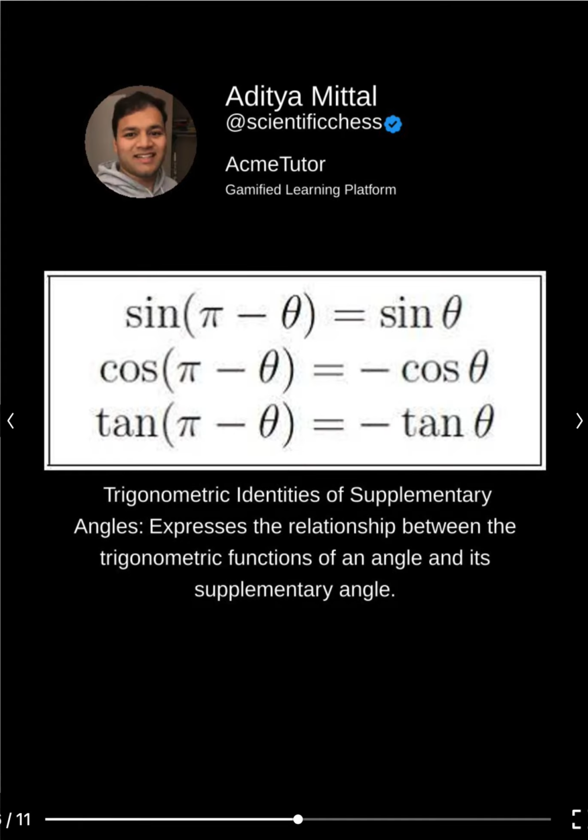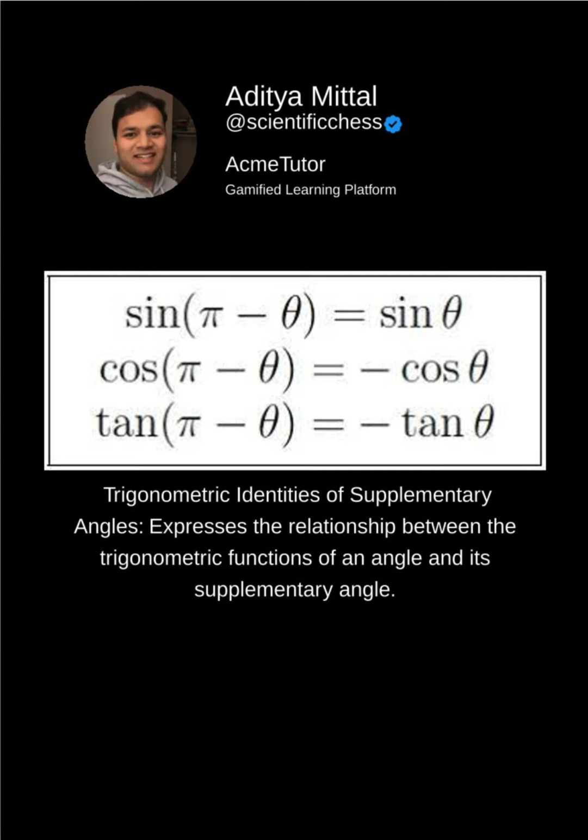All right, next we have the supplementary angles. So instead of subtracting from pi over 2, this time we are going to subtract from pi, or 180 degrees. And so when you subtract from pi, you will get for sine of pi minus theta, just sine of theta. For cosine of pi minus theta, negative cosine of theta.